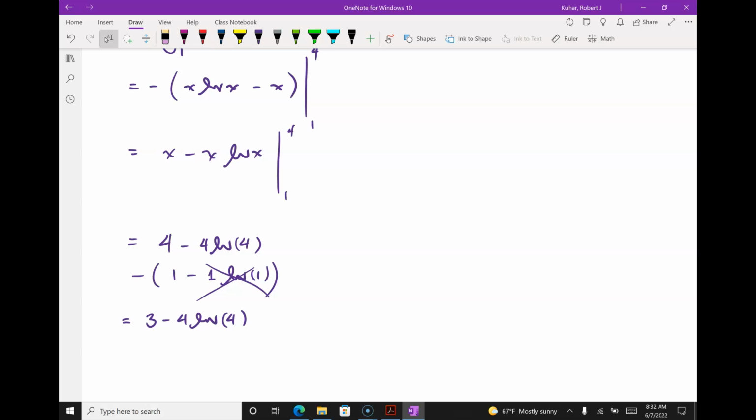And then the decimal equivalent, right? Everyone able to do those integrals? Anybody able to do those integrals?